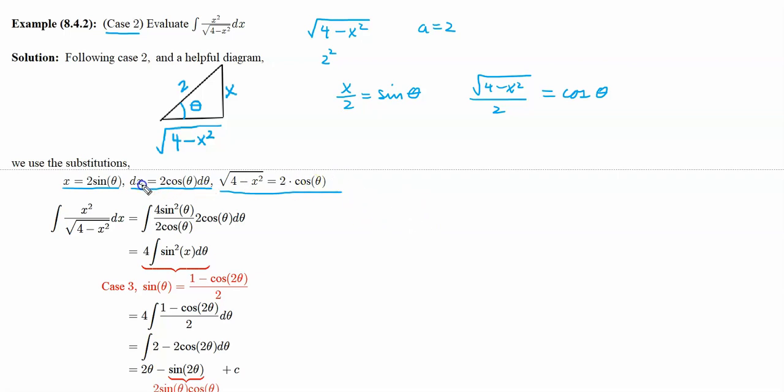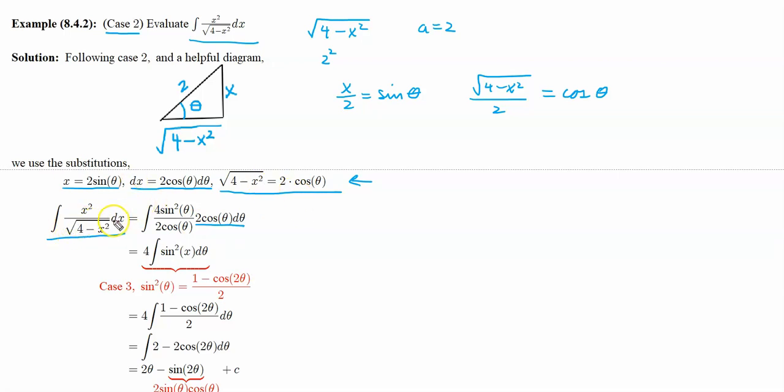All right, now with all of these substitutions, let's go back to our integral and start substituting. So here's our indefinite integral. And now when we do our substitutions, x is 2 sine theta, so x squared becomes 4 sine squared theta. The dx becomes 2 cosine theta d theta, so right there is the dx.